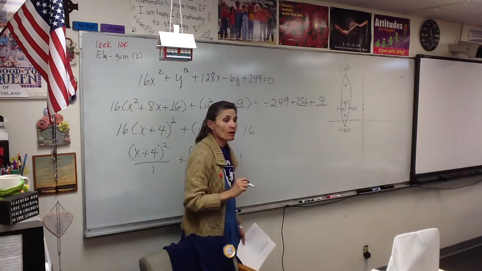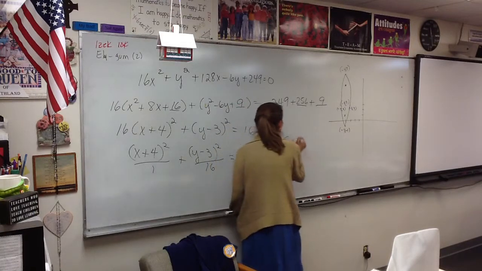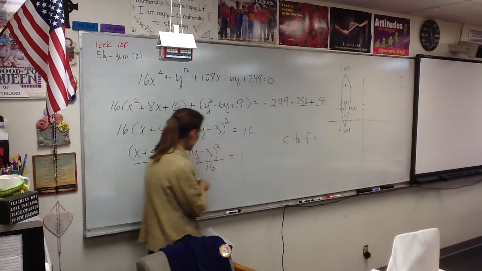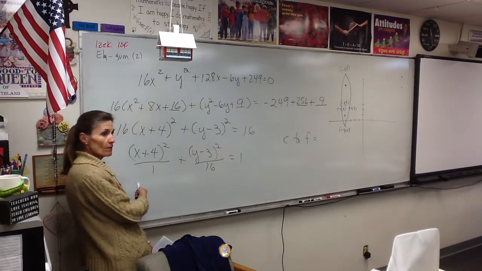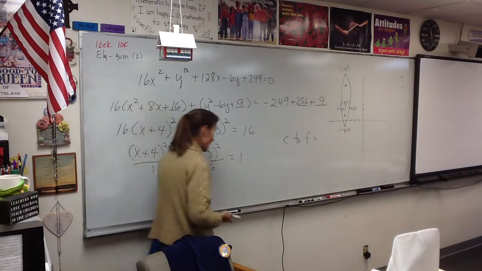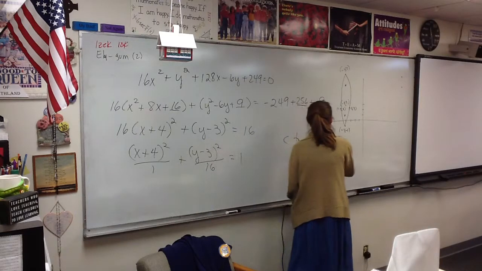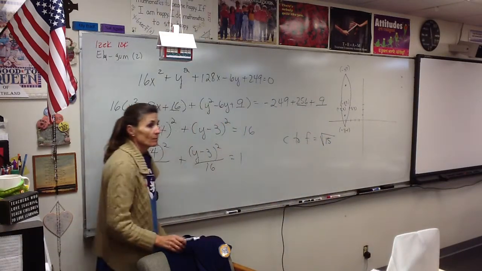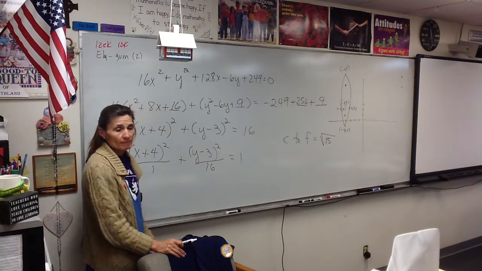In order to figure out where they are, I need the center to focus distance, right? How do I find the distance from the center to the focus? Subtract my denominators and take the square root. So that distance is root 15.